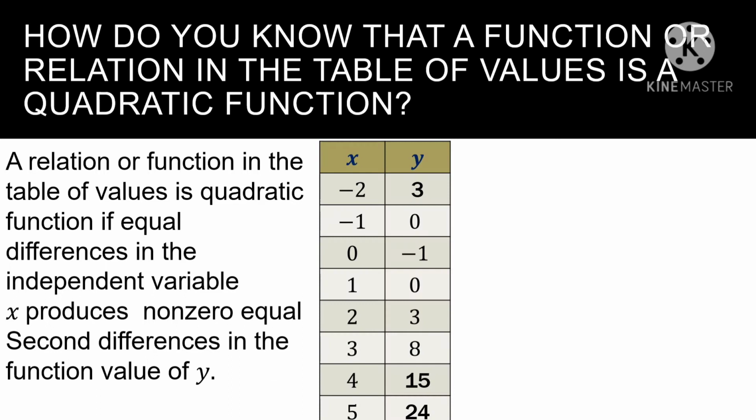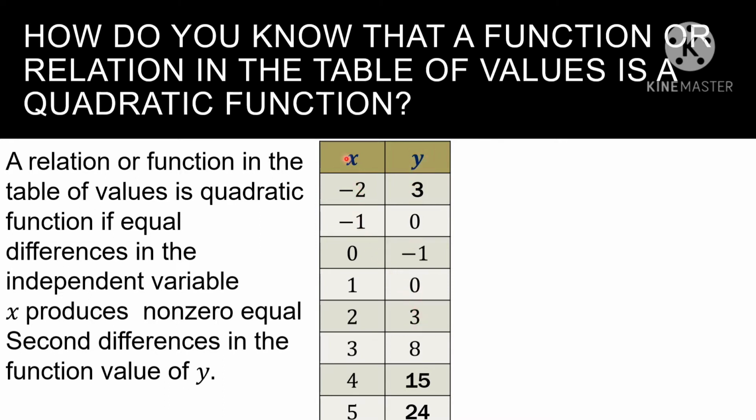So for example, we have this table of values. The first column is the independent variable, the values of x. The second column is the values of the dependent variable, meaning the y values.